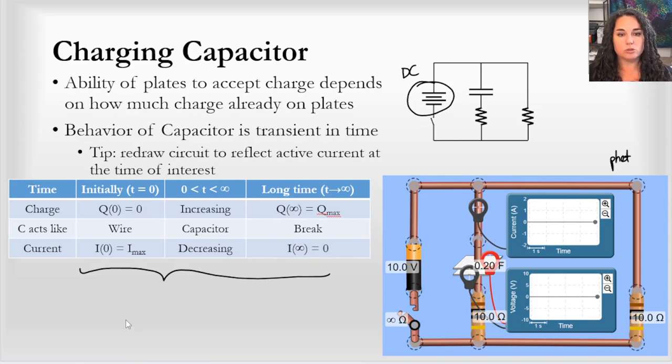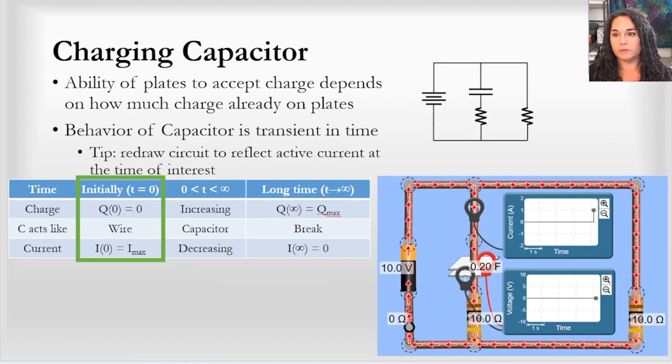When we close the switch, what we know is that the battery is going to start pushing charge onto the capacitor, but the capacitor does not have any charge yet. So I'm going to close that switch and let the circuit play in the applet here. You can see conventional current.